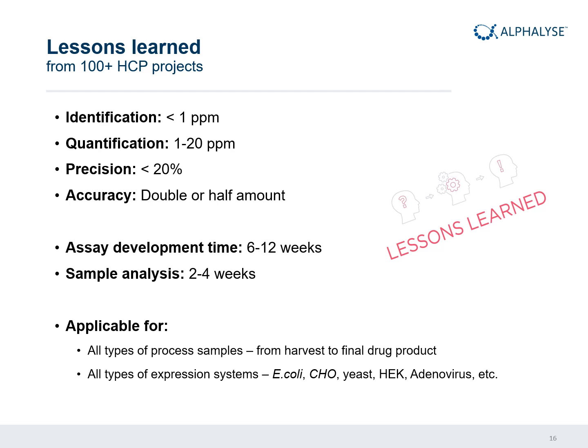The only criterion is that we need access to a proteome database, that is, a database of all the proteins that might originate from this organism. But most of these expression systems, E. coli, CHO, yeast, are all fully sequenced.